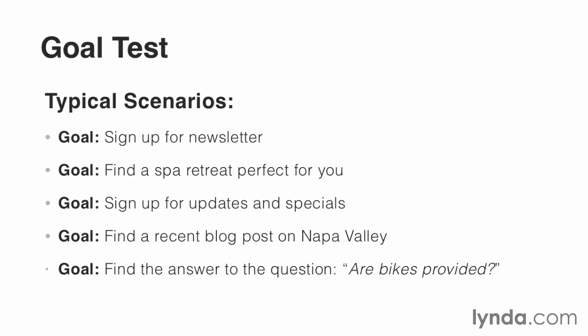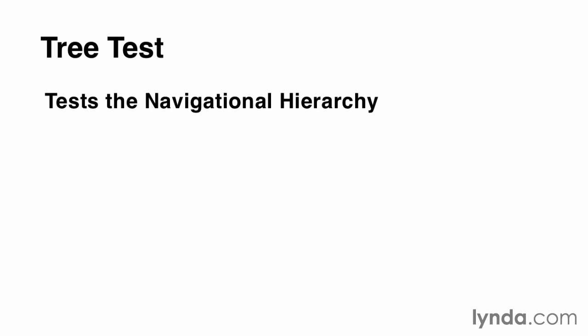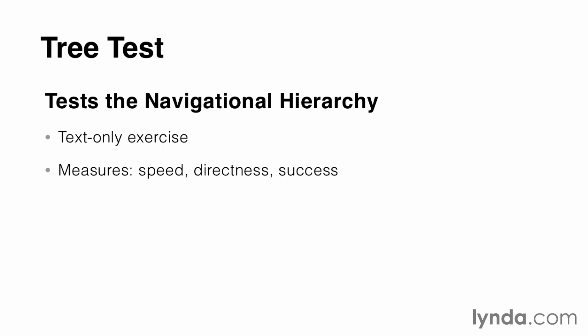By creating realistic, true scenarios, it enables you to test the actual ability of people to navigate your site using the hierarchy that's available. Now, there's a text-only exercise, and it enables you to test the speed and the directness and the success of people being able to use your website.